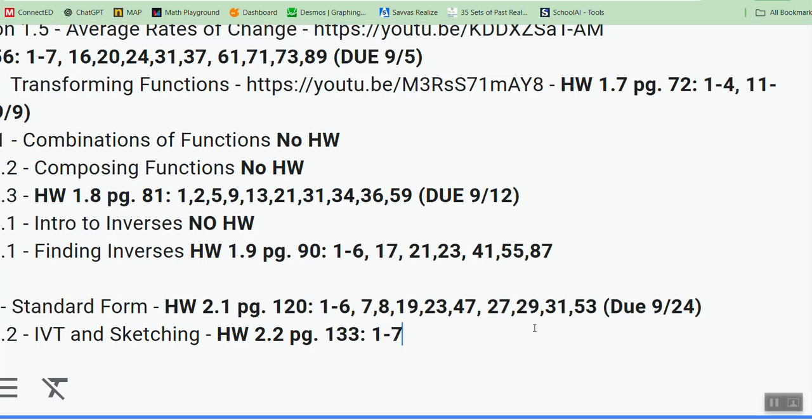You get 1 through 7, 11, 12, 17, and 19. And I can't imagine why I did this, but I'm going to roll with it: 75 and 81. Sketches. Sketch, sketch, sketch. Do not plot 50 points. I won't look at 50 points if you plot 50 points. Sketch them. Cool.